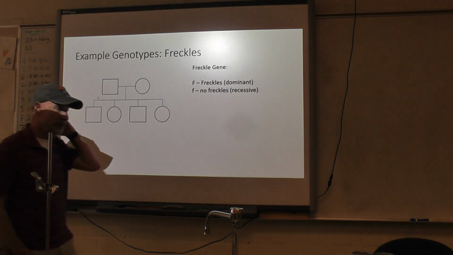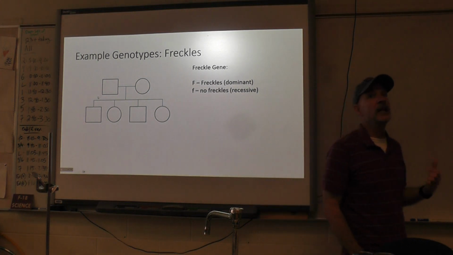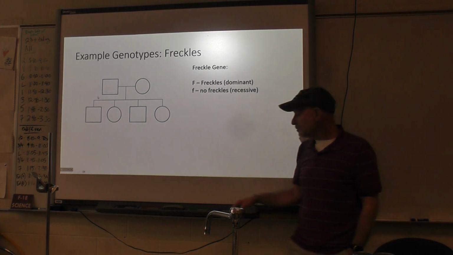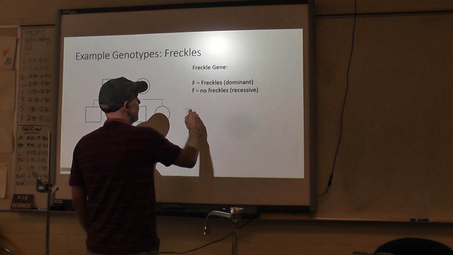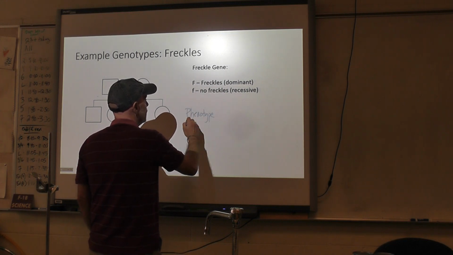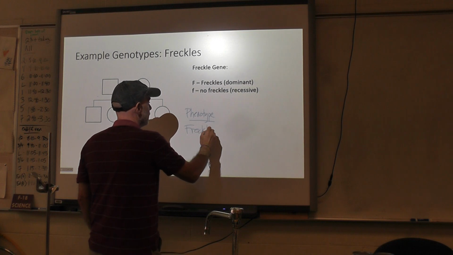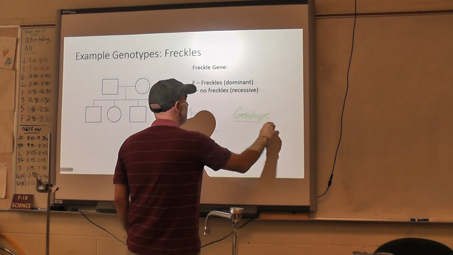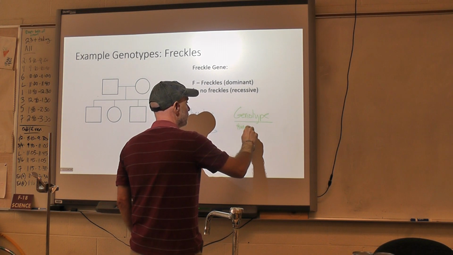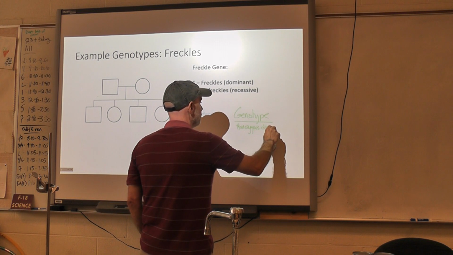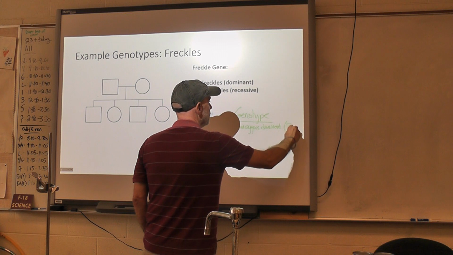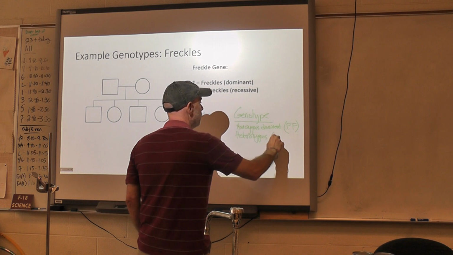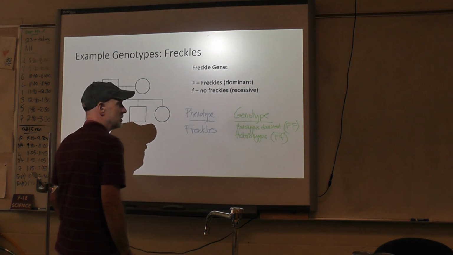What we discovered, interestingly, because having freckles is relatively rare, is that the allele is dominant, which means that if you have a phenotype where you have freckles, your genotype might be homozygous dominant, where you have 2 dominant alleles, or you might be heterozygous, where you only have 1 dominant allele. Either way, you'll have freckles.